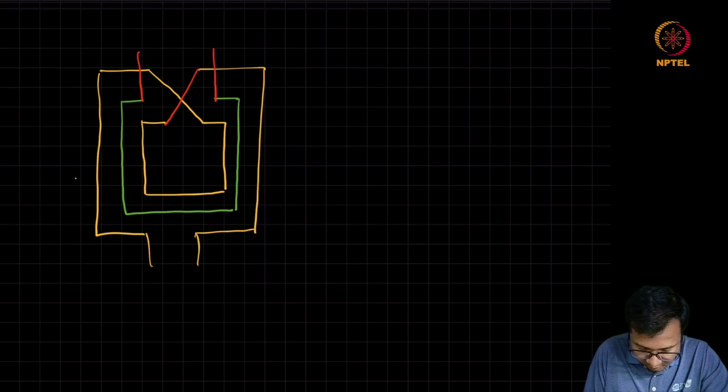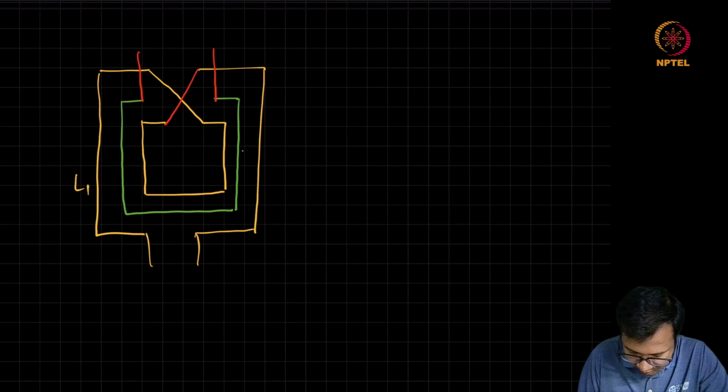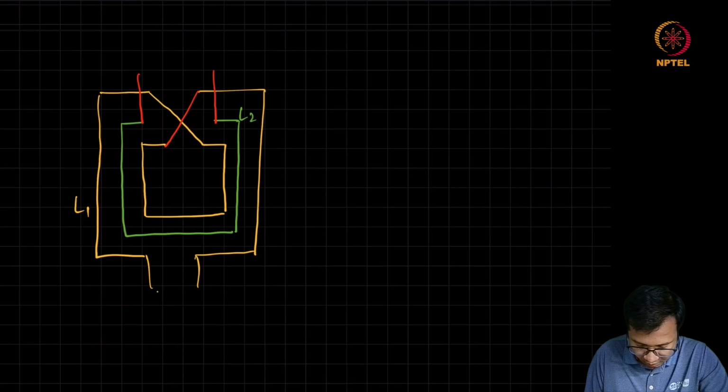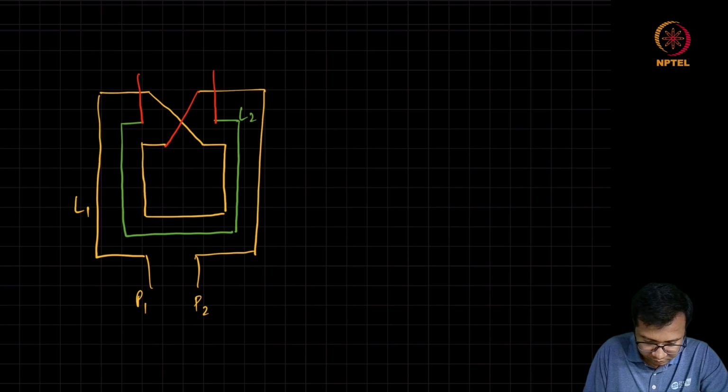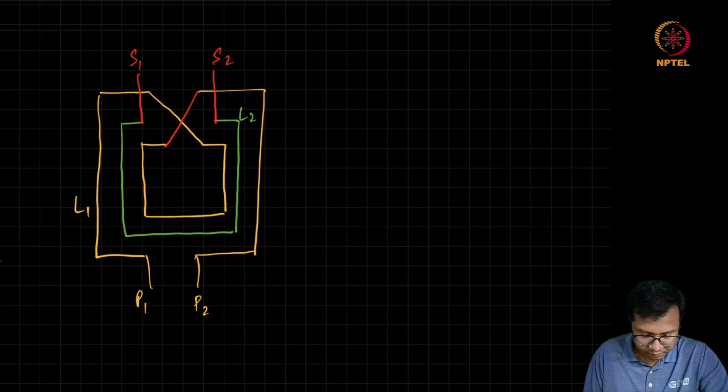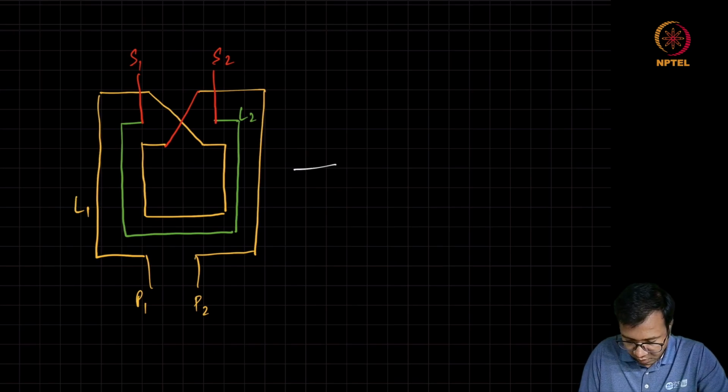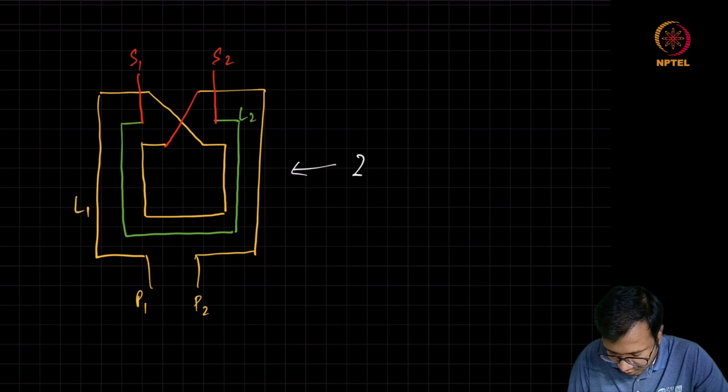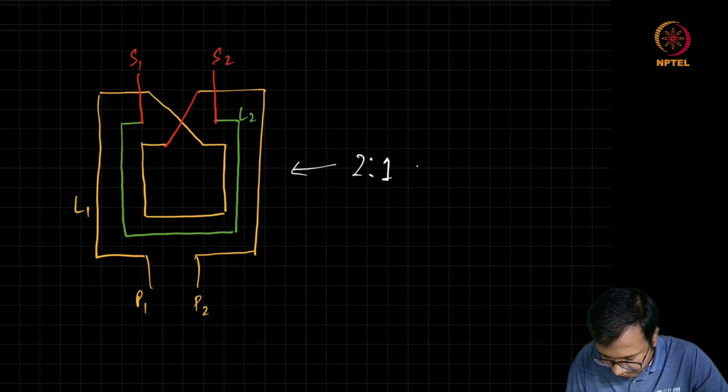This is your L1. This is your L2. Here we can see a 2:1 coupled inductor.